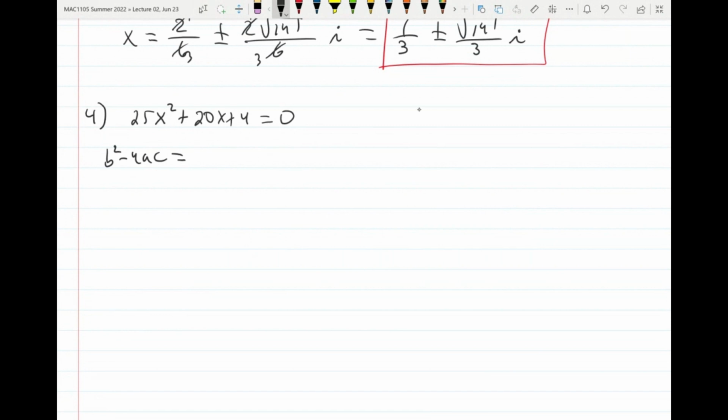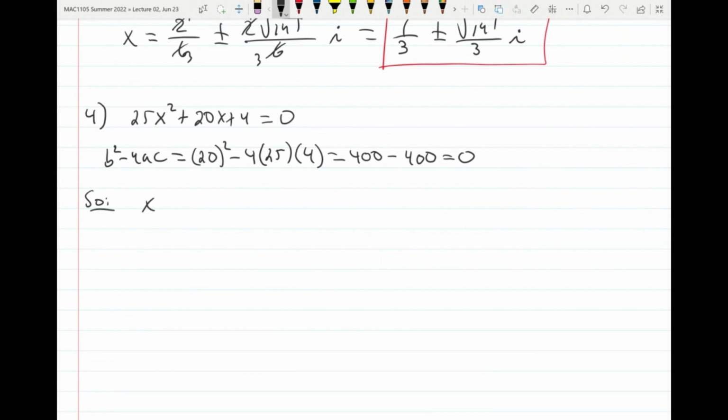So b squared minus 4ac, this is 20 squared minus 4 times 25 times 4, right? So what's 20 squared? That's 400, right? And then 4 times 25, that's 100, times 4, is 400. So we get 400 minus 400, that's a 0, yes?